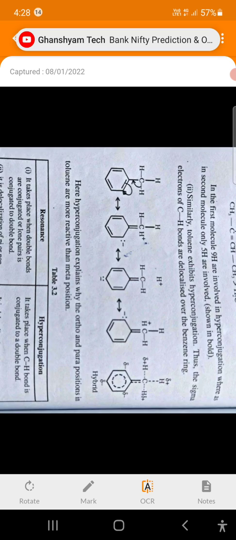The more the number of C alpha hydrogens, the more the number of canonical or resonance structures possible, and the more the stability. The more the resonance structures, the more the stability.